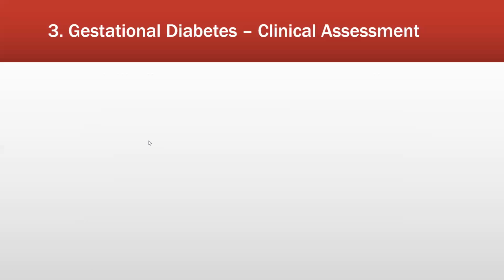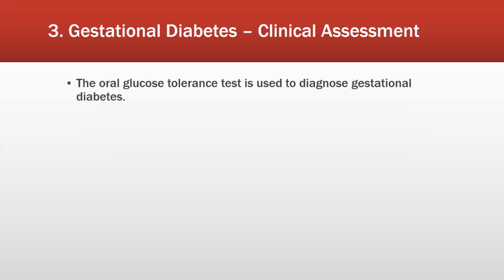So let's talk about what those clinical assessments consist of. Generally they do an oral glucose tolerance test. They give mom basically a bottle full of very sugary water, and see how their body tolerates that increased glucose load.